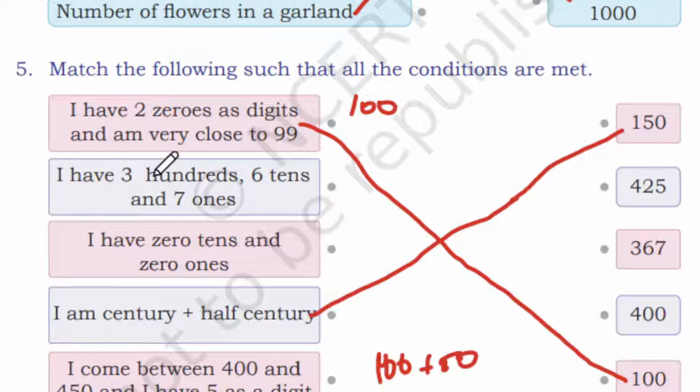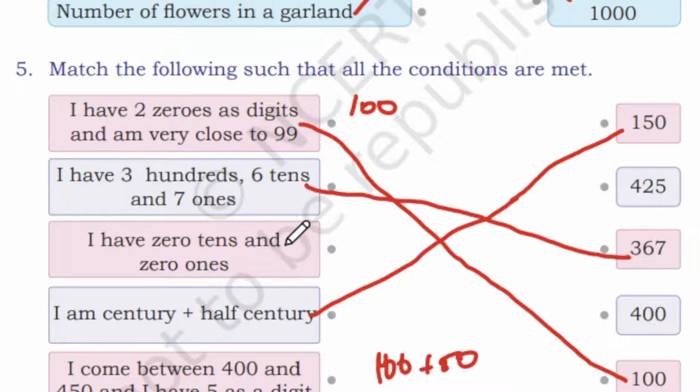Next, I have three hundreds, six tens and seven ones. So 300 is 300, six tens is 60, seven ones is 7. So 367, this one. I have two zeros, where it is, I have zero tens and zero ones.